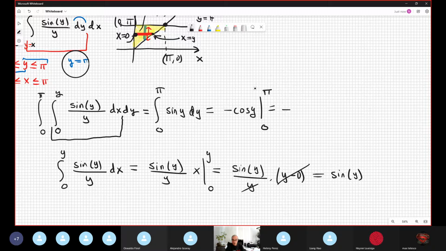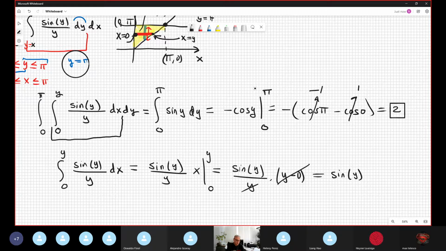This minus, I propose you put outside. Evaluate cosine pi minus cosine 0. Cosine pi, I know by memory, is -1. Cosine 0 is +1. But we have a negative in the front, a negative and negative together is -2, and one negative outside is +2. The answer is 2.